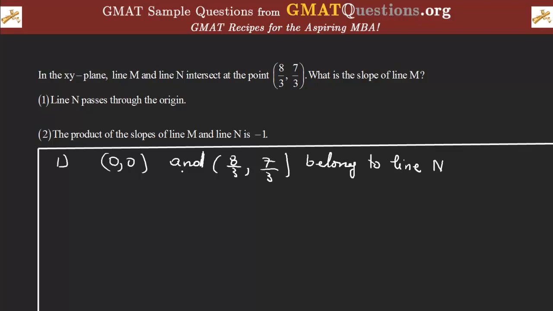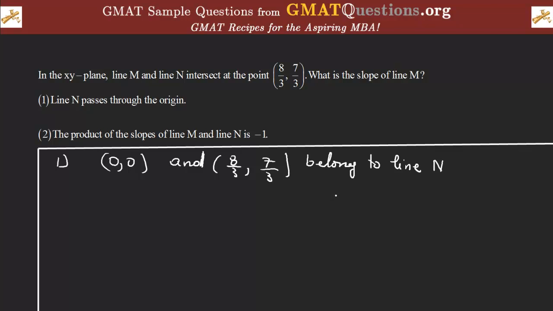We have a problem still to find the slope of line M, because even though we know the slope of line N, we have no relationship between line N and line M. We're not told, for example, that they are parallel. We're not told that they are perpendicular, which is important. The fact that they intersect is vague. You can intersect at a point in many different ways, in many different directions.